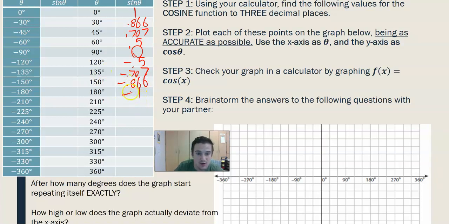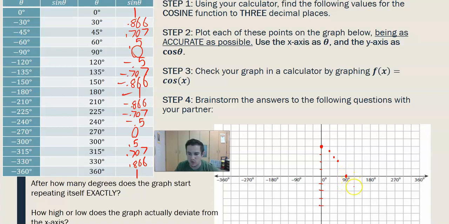Guess what? This is going to repeat itself again. So I'm going to have -0.866, -0.707, -0.5, and then 0.5, 0.707, 0.866, and 1. Okay, so now I'm going to plot these points on here. 0 degrees, I'm going to again span up to 1 so I can have some space here. So here's cosine of 0 degrees at 1. Cosine of 30 is 0.866, then 0.707, 0.5, and cosine of 90 degrees is 0.